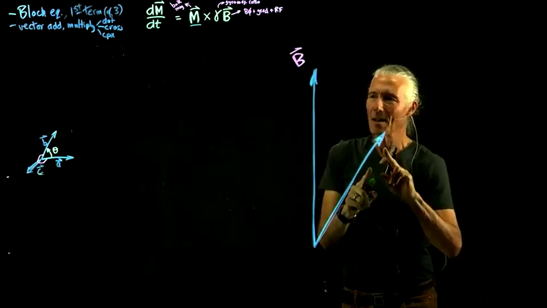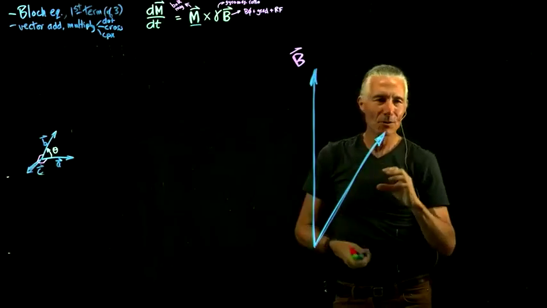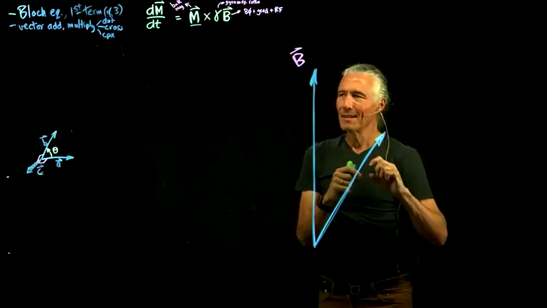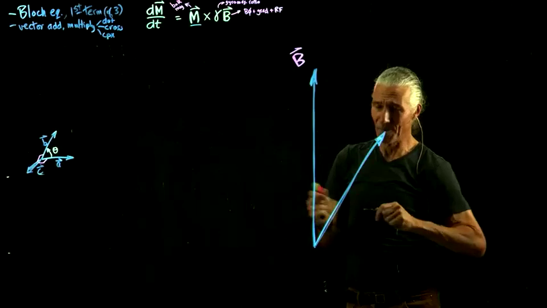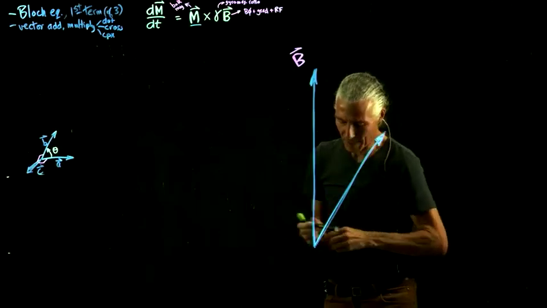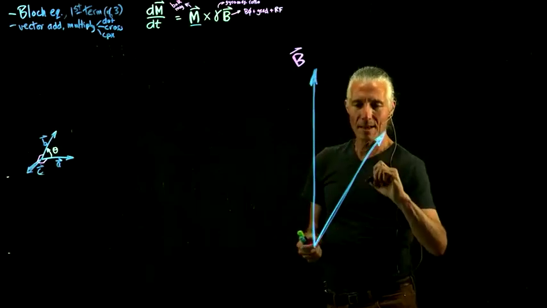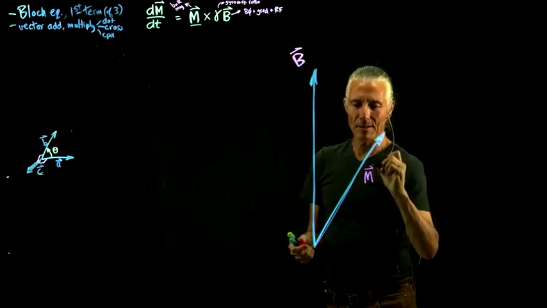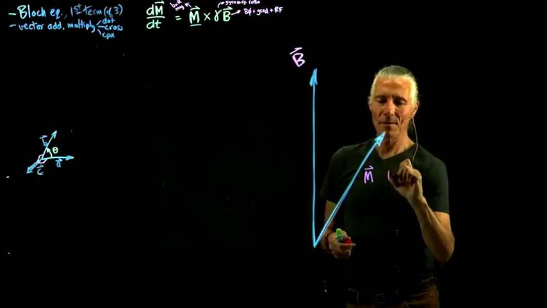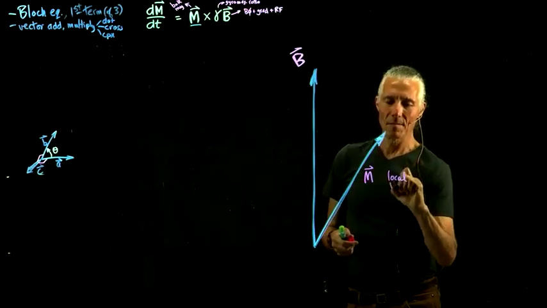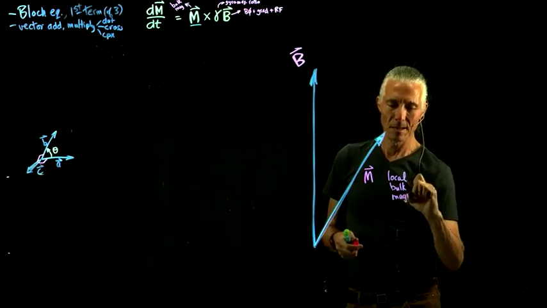The M vector is, what does the magnetization do, all those little atomic refrigerator magnets added up? So it's another magnetic field. Here's the M vector, and we call that the local bulk magnetization.